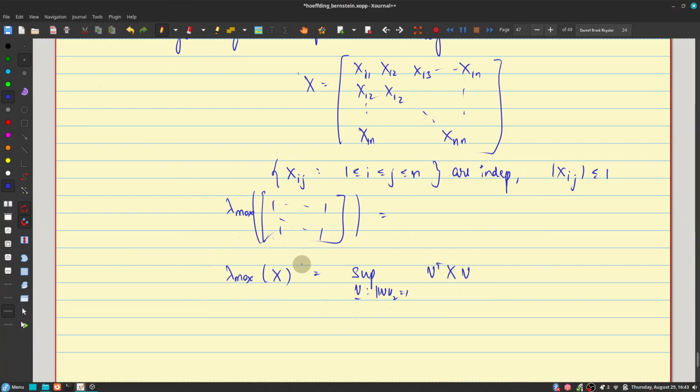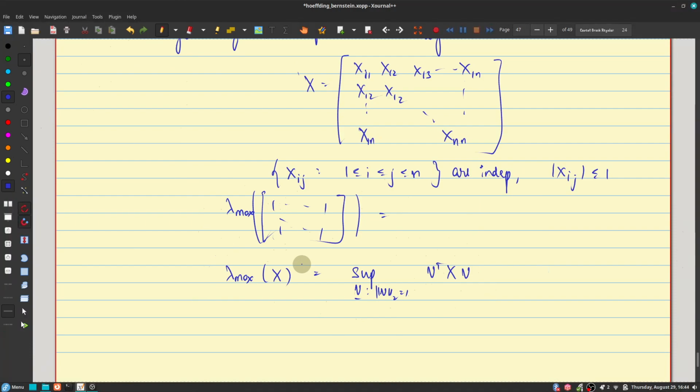Zero, and why? The sum of the eigenvalues will be the trace of the matrix. Okay, but all the trace says is that the sum of the eigenvalues is equal to n. Something more is needed.